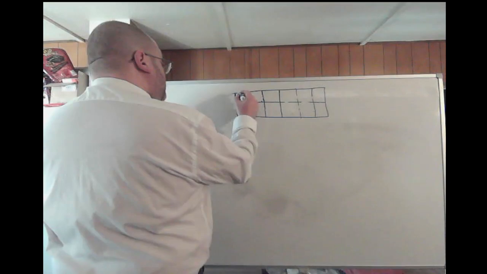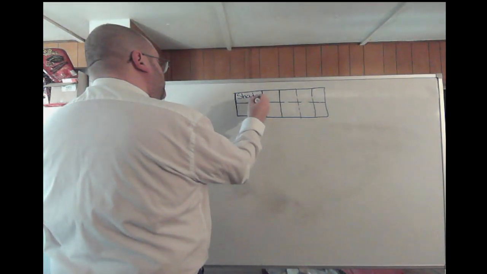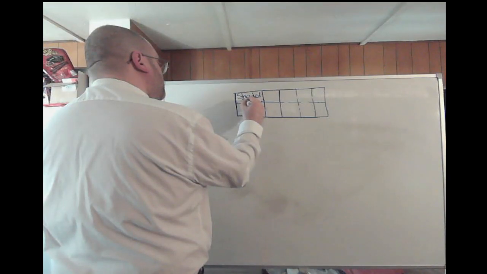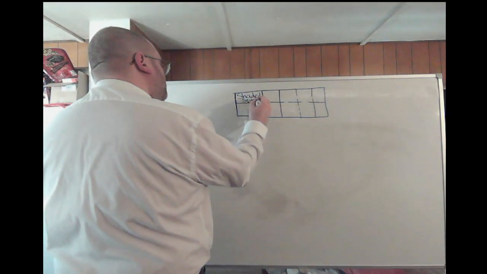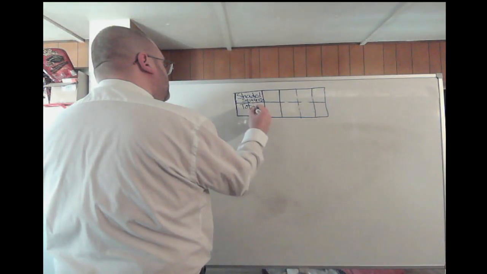Let's see. We're going to have a ratio of shaded squares to total squares.